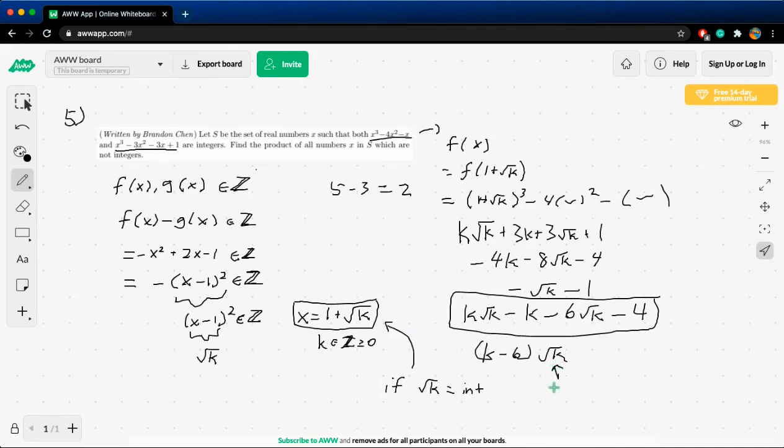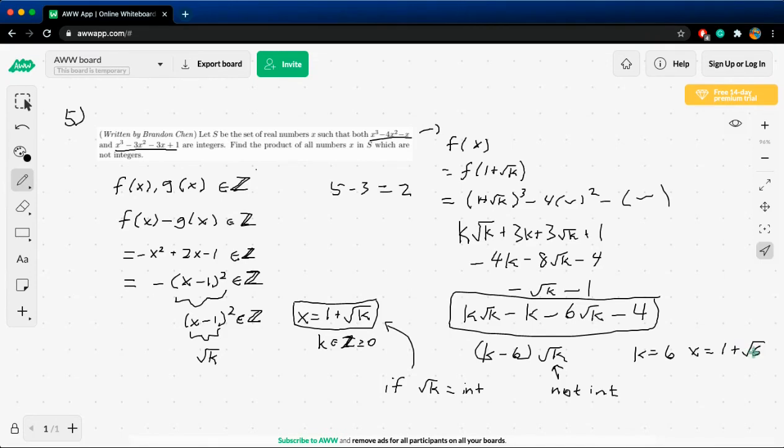Well, a non-integer square root multiplied by an integer is not only not an integer, it's not rational, because it's the square root of something. So here we know that k minus 6 must be 0. So we can do k equals 6, and we get x equals 1 plus square root 6.